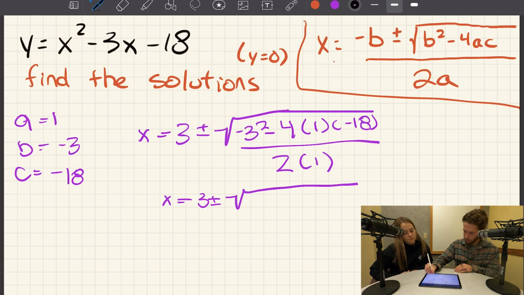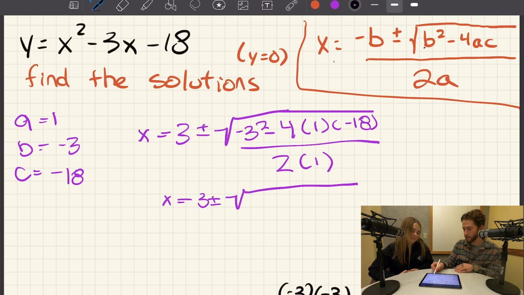Negative 3 squared would actually be negative 9. However, negative 3, when you put it in for b, goes in parentheses, which is actually equal to negative 3 times negative 3. So you get a 9, because it's a negative times a negative.